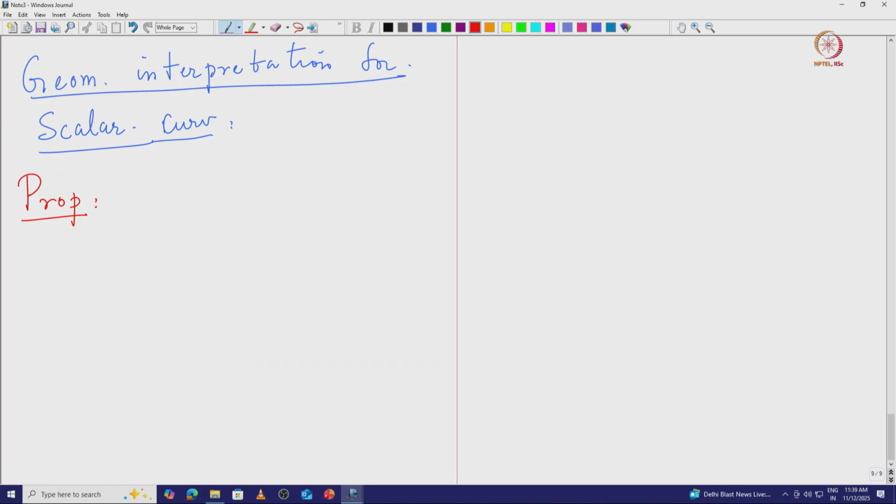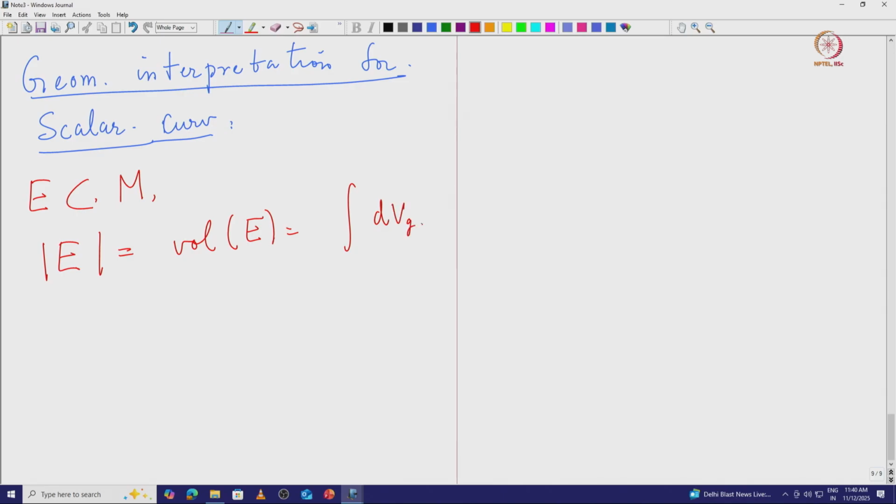The notation that we normally use is, for any subset E of M, we write mod E for the volume of E, which is basically the integral of the volume form on this set E. Okay.